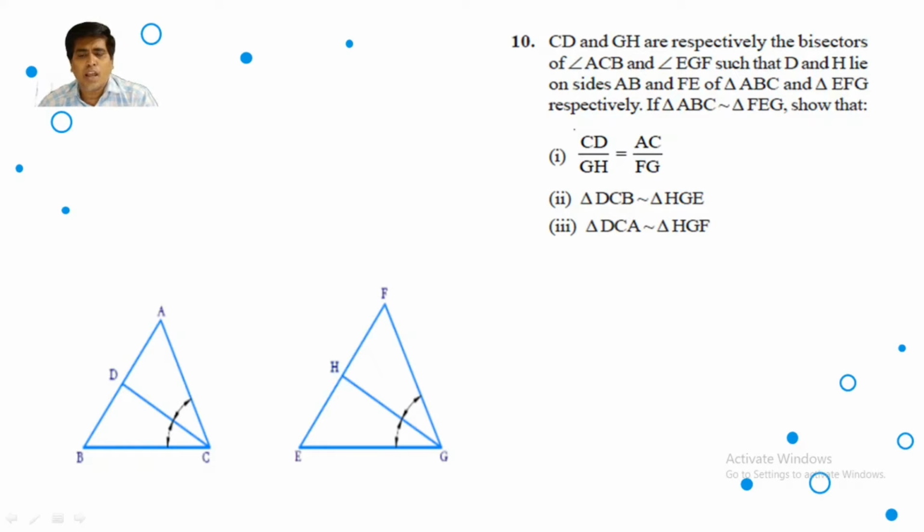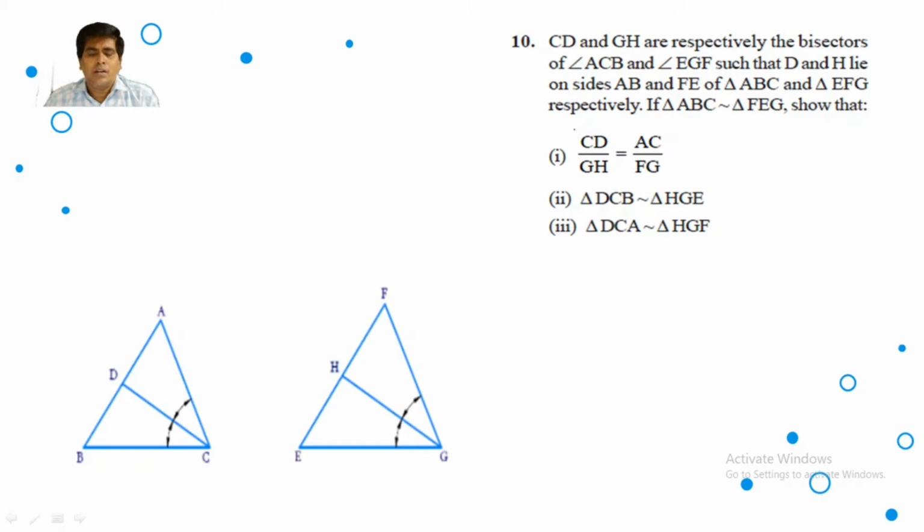If triangle ABC is similar to triangle FEG, show that CD by GH is equal to AC by FG, and triangle DCB is similar to triangle HGE. Third one is triangle DCA is similar to triangle HGF. So this is the question given.